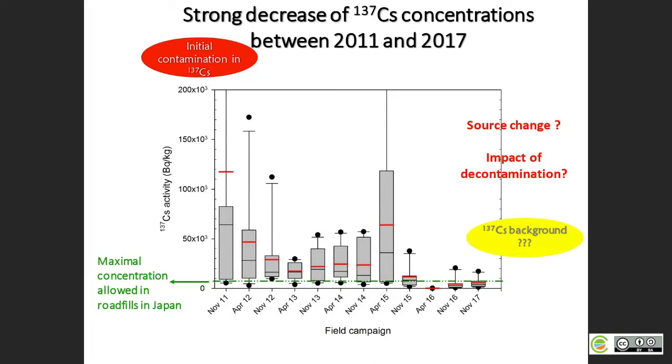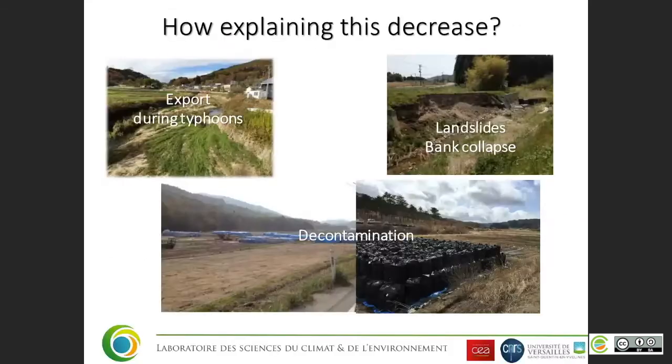This probably explains why the cesium levels in the river sediment decreased so strongly and so quickly after the accident. So this decrease in cesium concentration in sediment is explained by 3 potential explanations: exports during typhoons, with heavy rainfall leading to floods and flushing the material towards the Pacific Ocean.